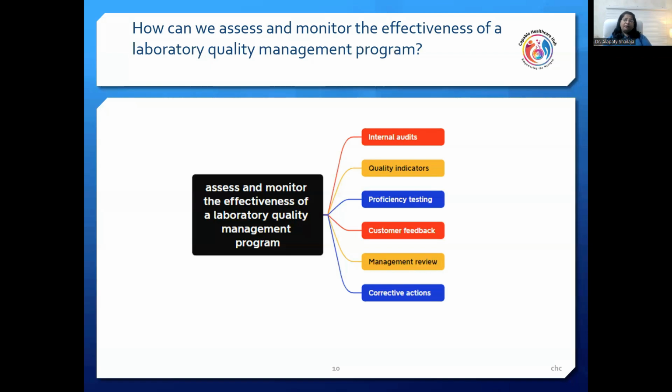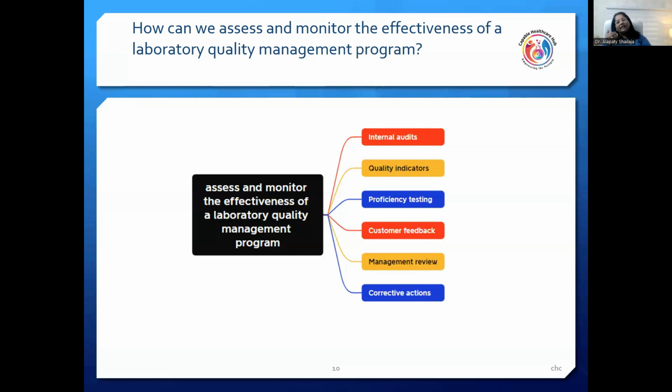Now, customer feedback. Anything to do with patients, the management, the clinicians, they're all our customers. Customer does not mean only the patient. Everybody is a customer. Getting feedback from them is very, very essential because they are the end users, and they will really tell us the right picture as to what they expected and what was delivered.